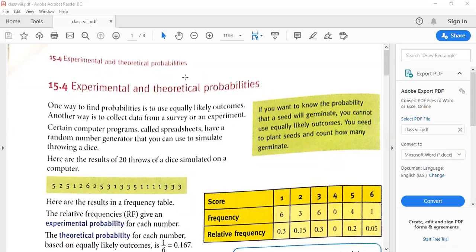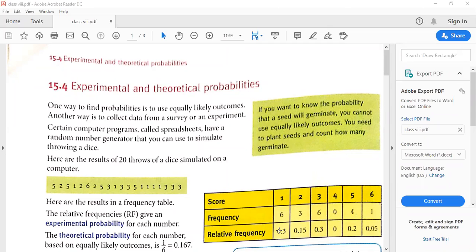Experimental probability means if you do some experiments. For example, here you can see there are 20 throws of a dice, and these are the numbers he gets. 1, how many times? 6 times. 2, 3 times. 3, 6 times. 4, 0 times. 5, 4 times. 6, 1.